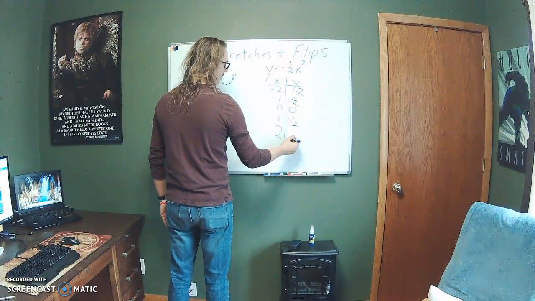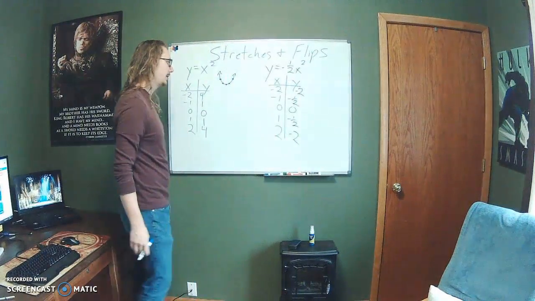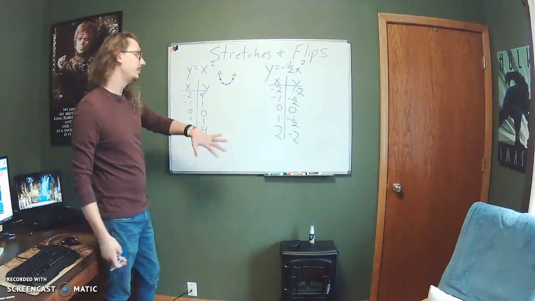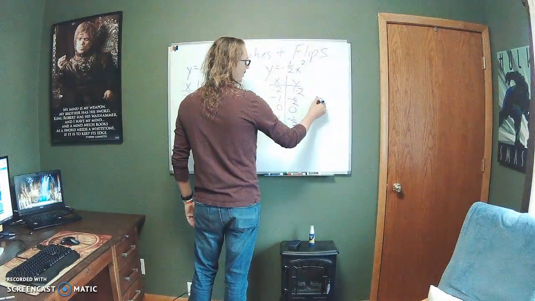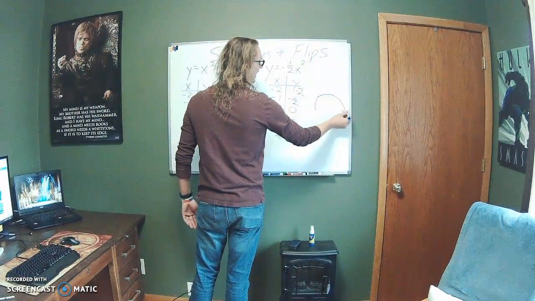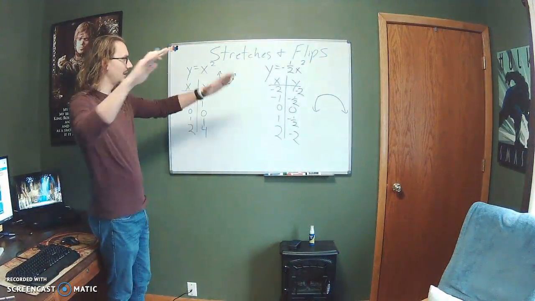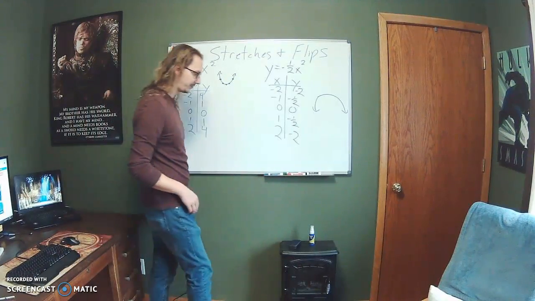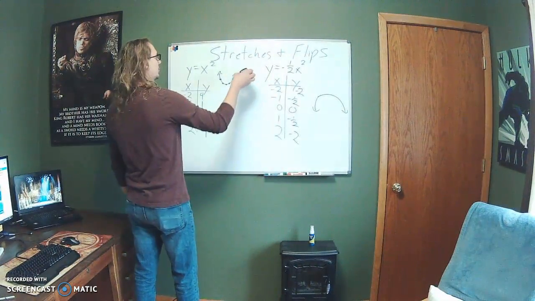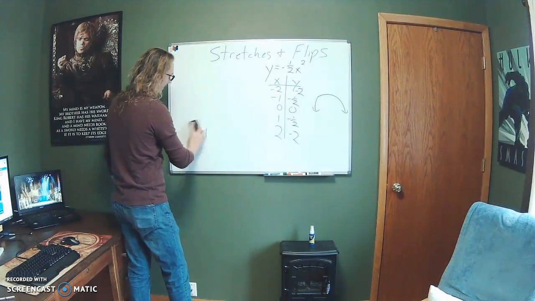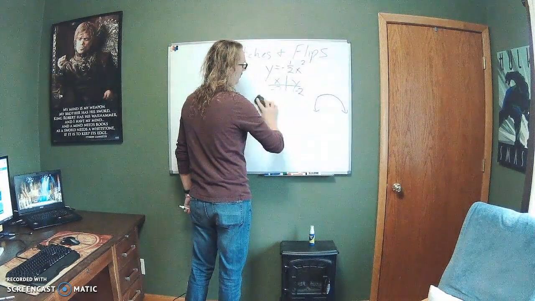And my 1s and my 2s are the same as for x squared. So now all of these values have again been flipped, so I'm going to be going down, but it's going to take me much longer to get there because the values are so much smaller. So it's going to be a little bit wider. Okay? So those are stretches and flips and how they affect what the graph ends up looking like.